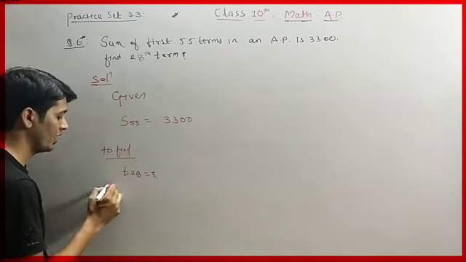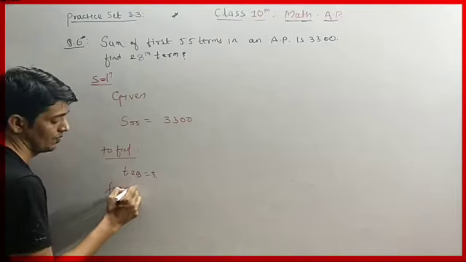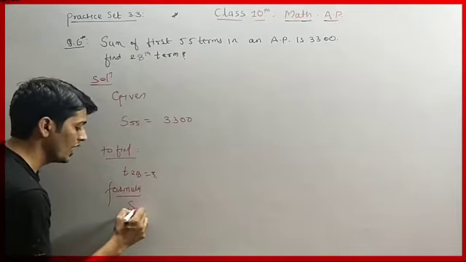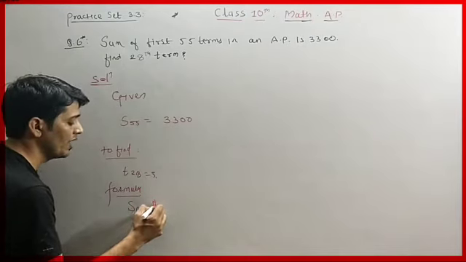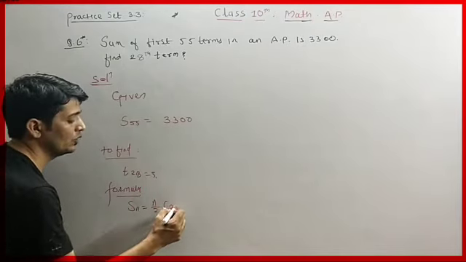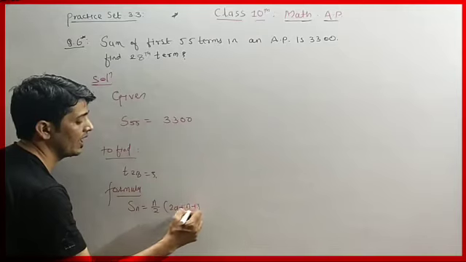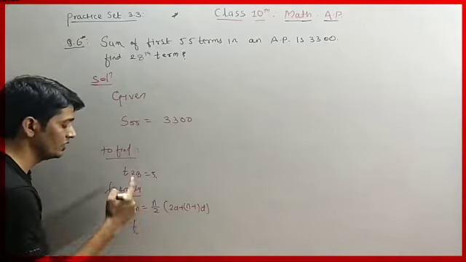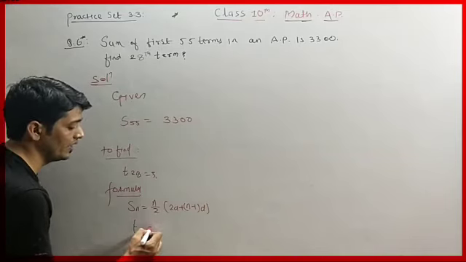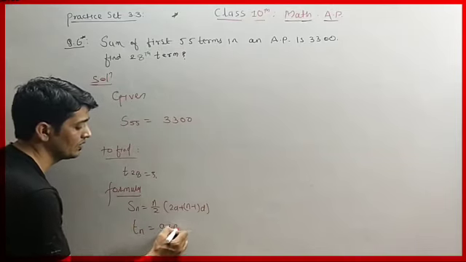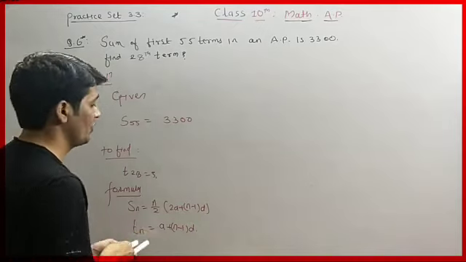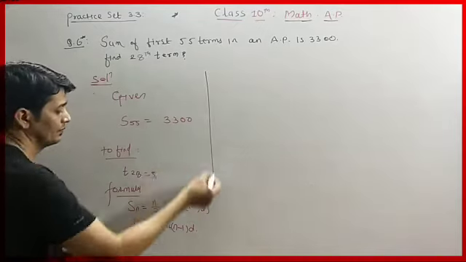So the formula now. For the sum we have to use Sn equals n divided by 2 into 2a plus n minus 1 into d. And for the nth term we have to find Tn equals a plus n minus 1 into d. Okay, so now we are going to solve.